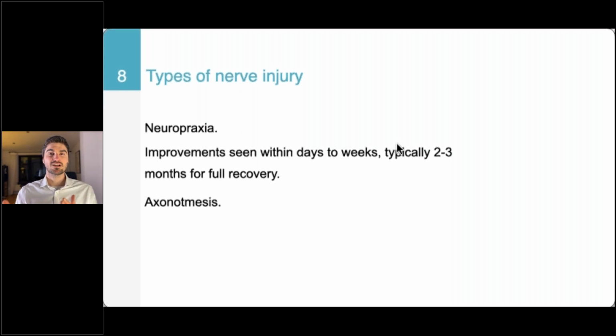So let's imagine I'm playing rugby and I've had that stinger. There's temporary dysfunction of how that nerve can operate, but all the connective tissue is still there. So if we have temporary edema, it swells, it cuts off the nerve, it can't work so well. So if we can come in and use a laser, reduce that pain, reduce that inflammation, promote healing, we can see really rapid changes.